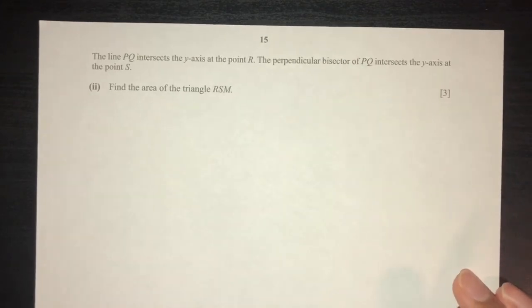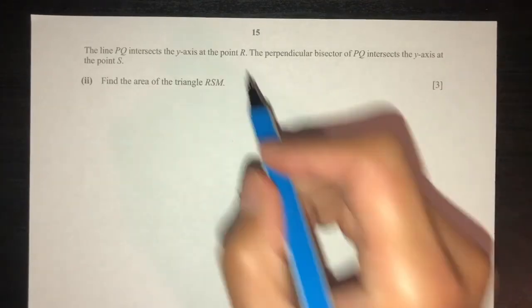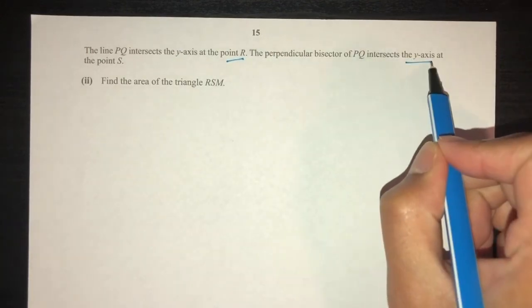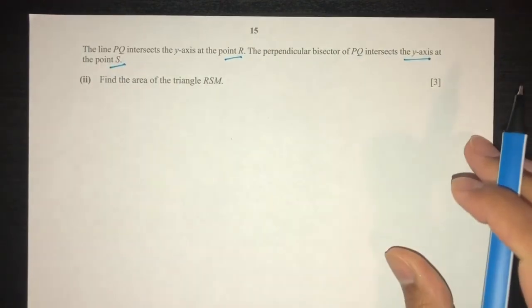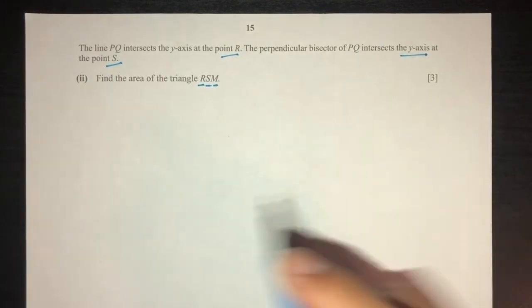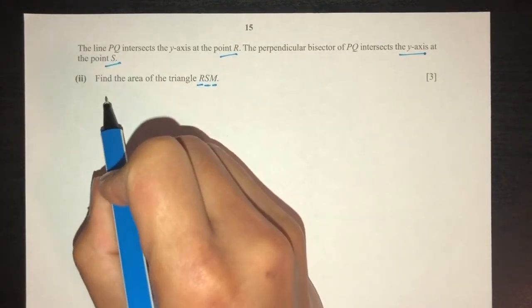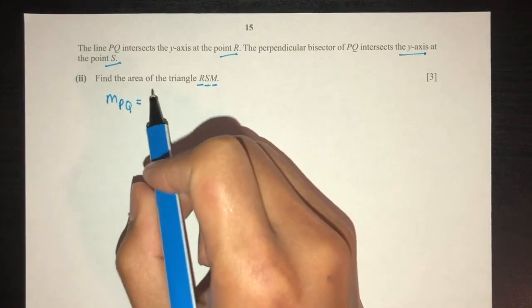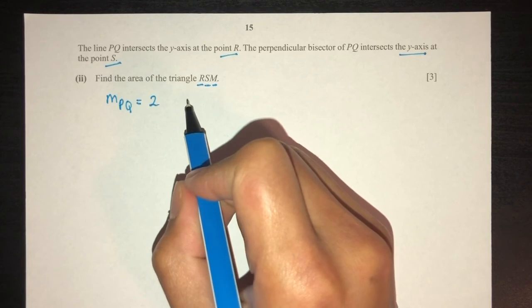Now for part 2, the line PQ intersects the y-axis at the point R, and the perpendicular bisector intersects the y-axis at the point S. Find the area of triangle RSM. Okay, so what is the equation of PQ? We know the gradient of PQ is equal to 2. What is the point P?